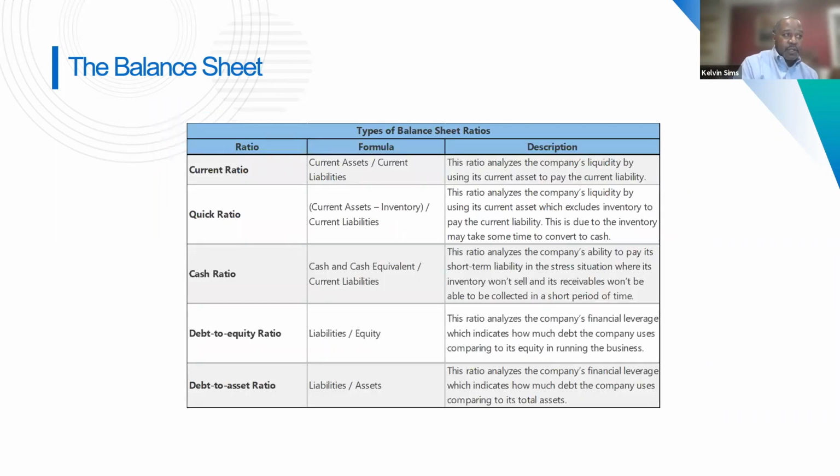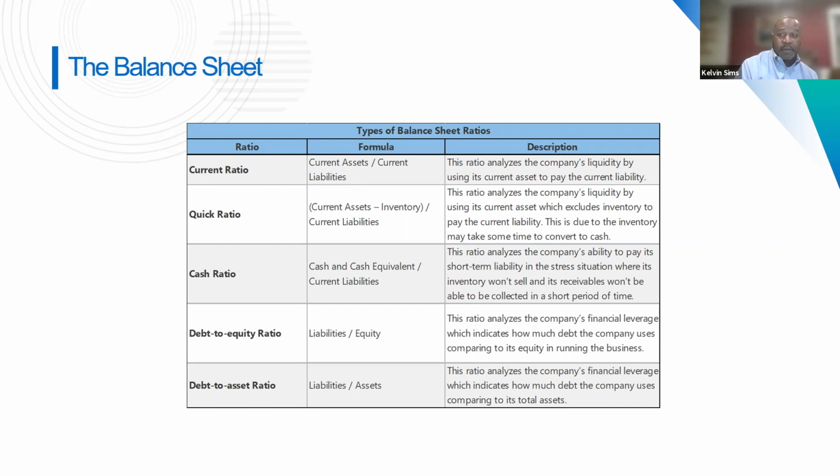Some ratios: current assets versus current liabilities. Again, the ratio analyzes the liquidity of the current business. So if I have higher current assets than my liabilities, that number will be a 1 or more.